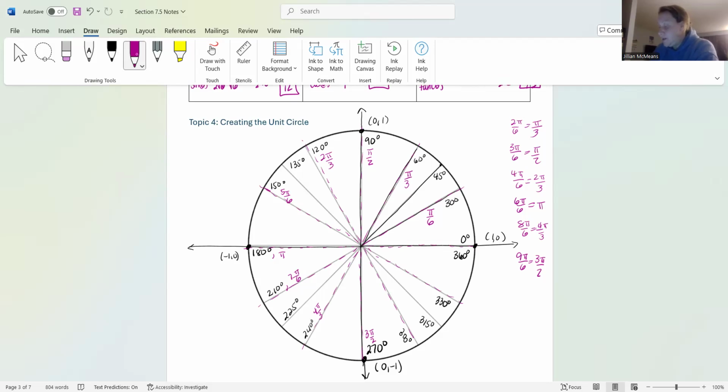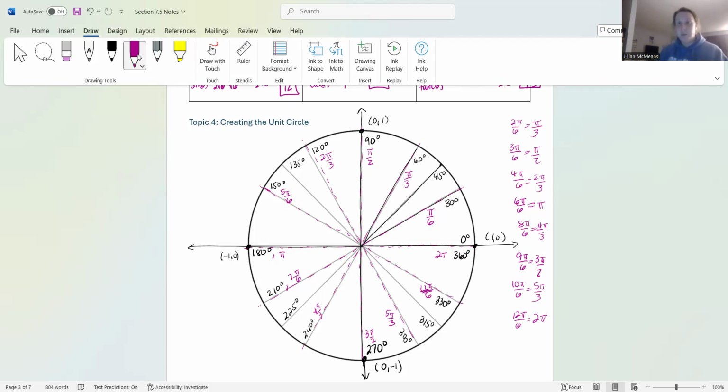And then we get 10 pi over 6, which reduces to 5 pi over 3. So this is 5 pi over 3. So this is 11 pi over 6. And then finally we get 12 pi over 6, which we know and love as 2 pi. Okay, so we filled in almost everything as degrees and radians.